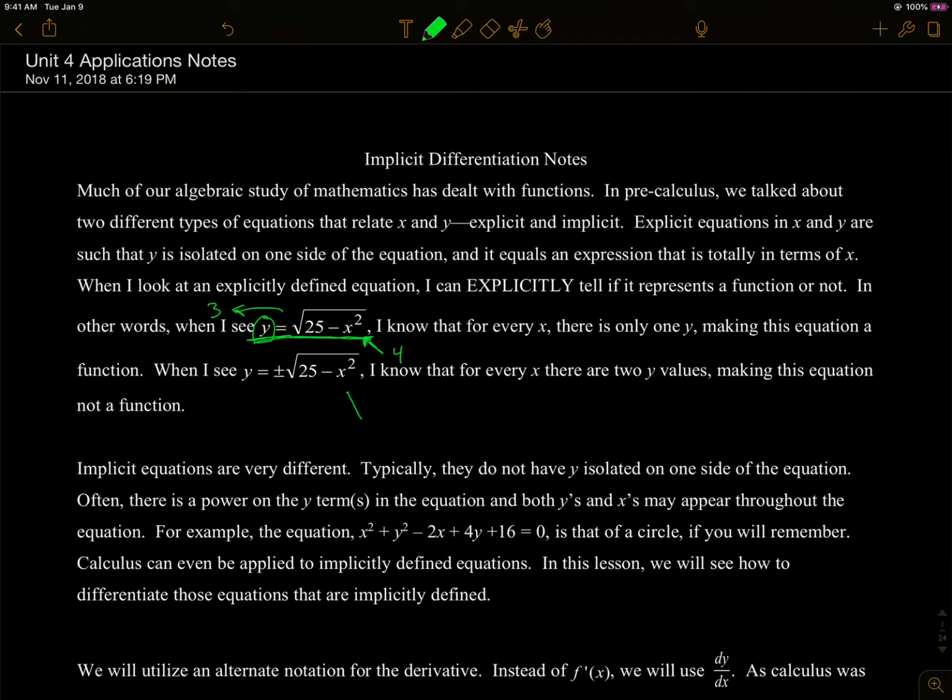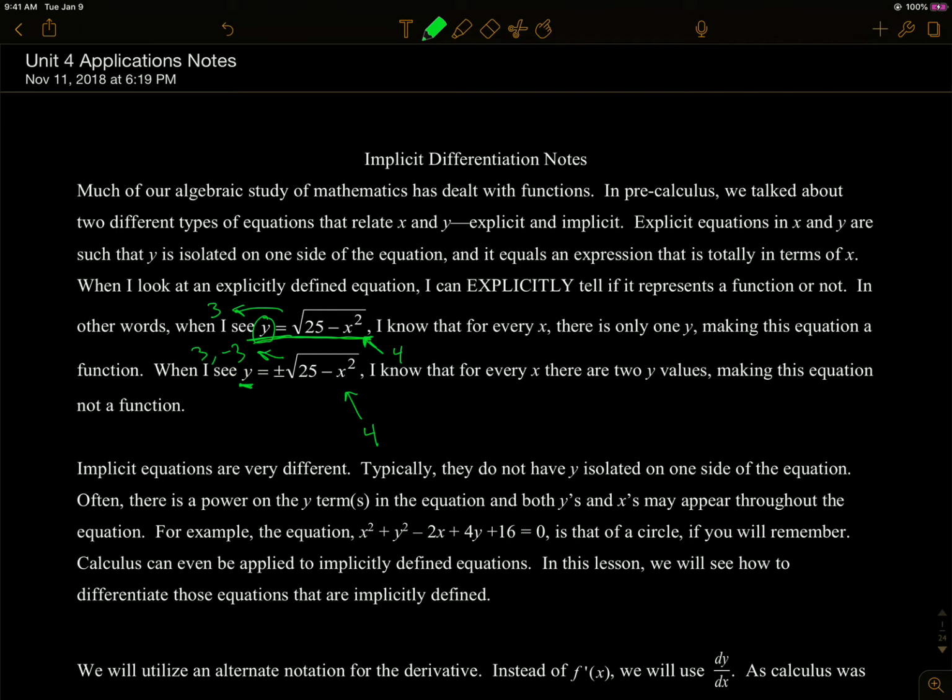If I look at this function, it is written explicitly because it's y equals, but now I see that if I plug in 4, I can get out an answer of 3 or negative 3. So that input maps to two outputs, which means that's not a function, but I can tell very easily because it's written explicitly.